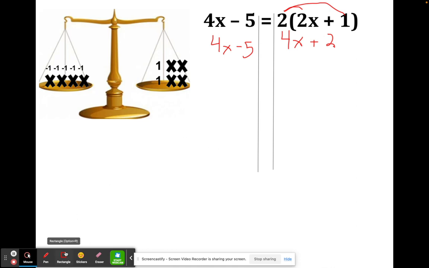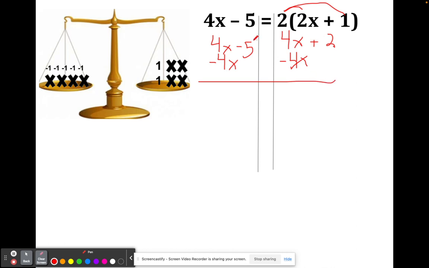If I subtract my 4x from both sides, they cancel out again. It's like I get rid of these x's here, and I get rid of these x's, and I end up with 2 equals negative 5.